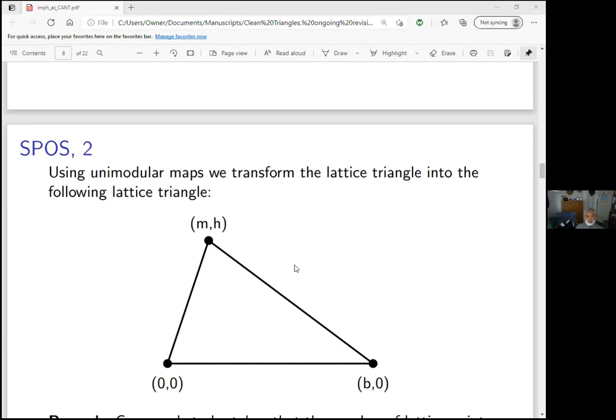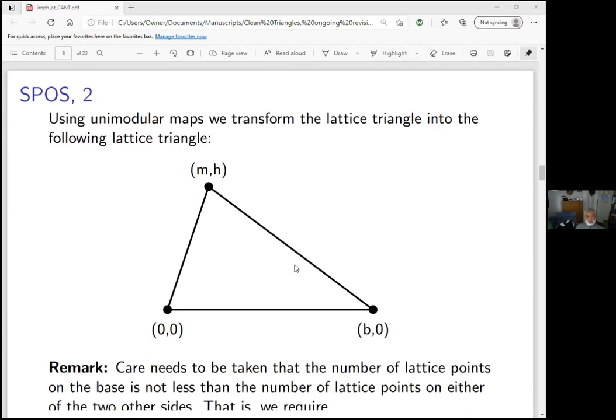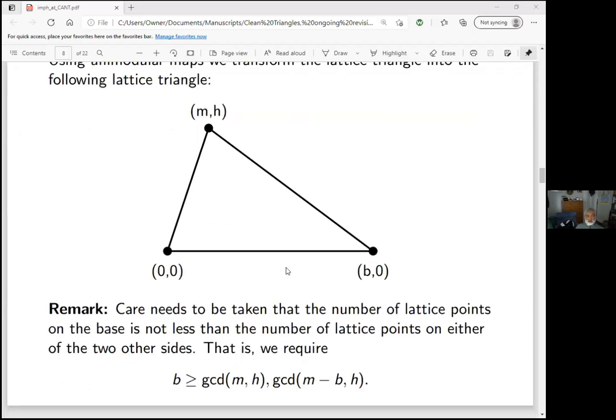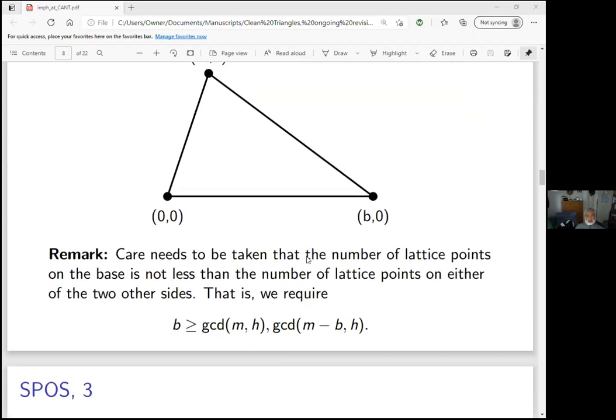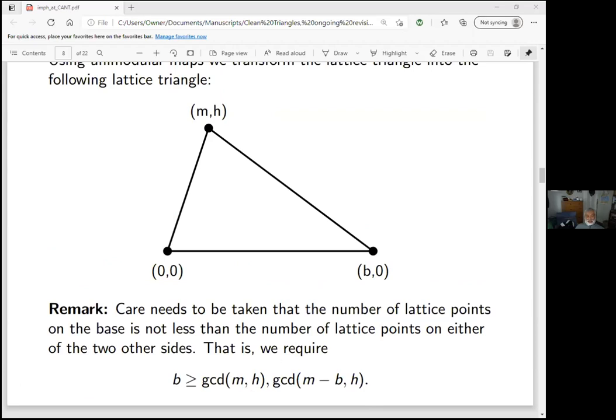But there's one condition we want for the base. We want that the number of lattice points on the base is never less than the number of lattice points on either of the other two sides. Okay, and that is taken care of by this little inequality on the GCD.